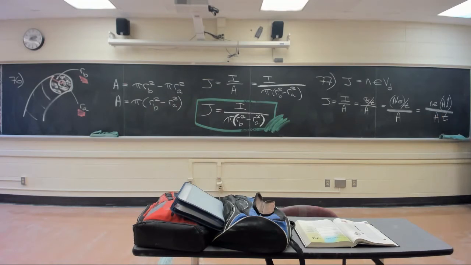How much volume? The cross-sectional area times the distance traveled in a time t by every one of the charge carriers. That distance, L, is V sub d times t.